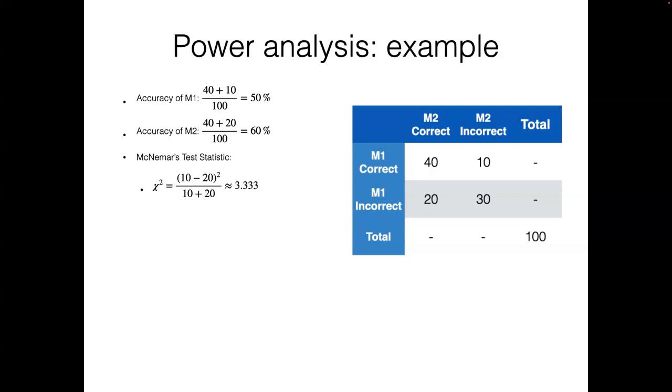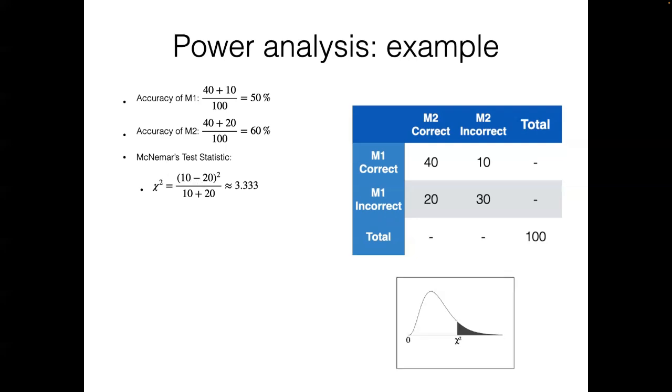Here's an analysis you can do if you have one of these two-dimensional contingency tables. You compute a statistic called McNemar's test statistic. It's also a chi-squared statistic, following a chi-squared distribution.